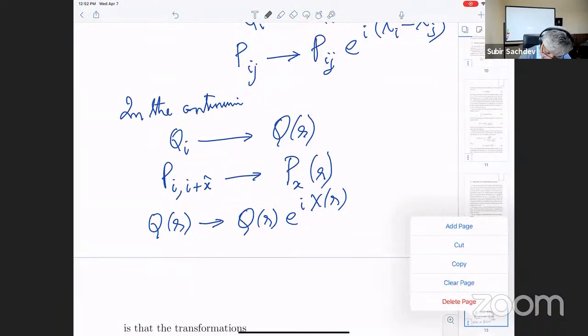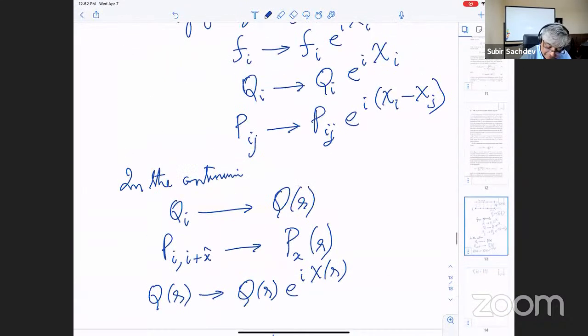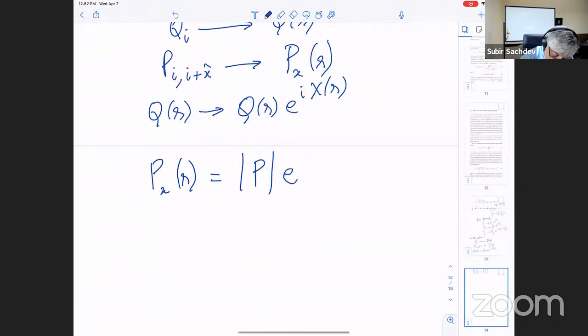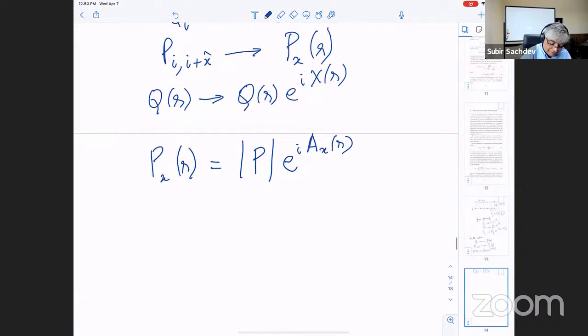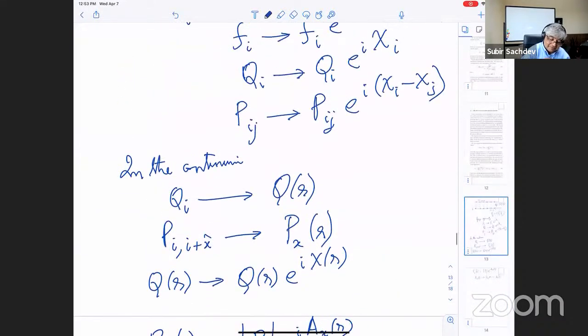But what about P of R? Well, P sub x of R, we'll write as a modulus of P, which will in fact be R independent. That's not the important point. The important thing is the phase difference here. So I'm going to go ahead and call the coefficient here A sub x of R. And now you can see that in the continuum, A sub x of R goes, under gauge transformation, to A sub x of R minus grad x of chi, because this difference becomes a gradient.